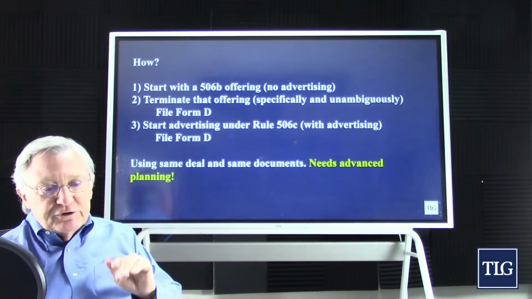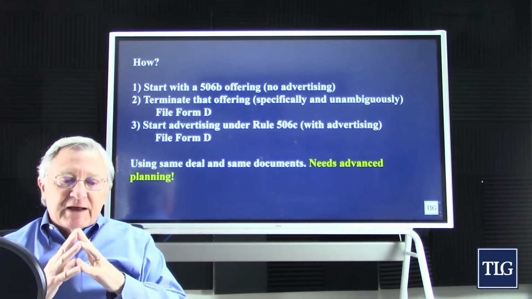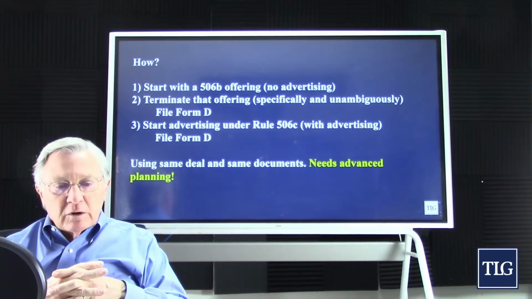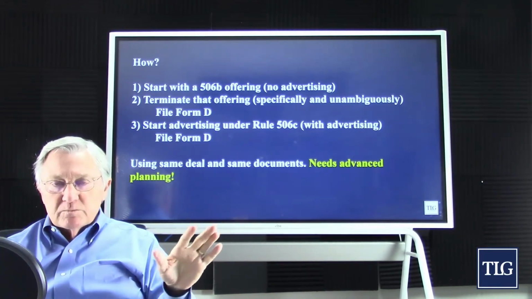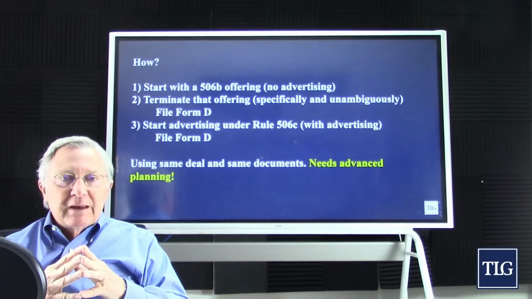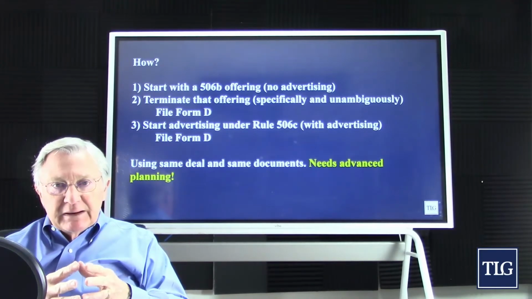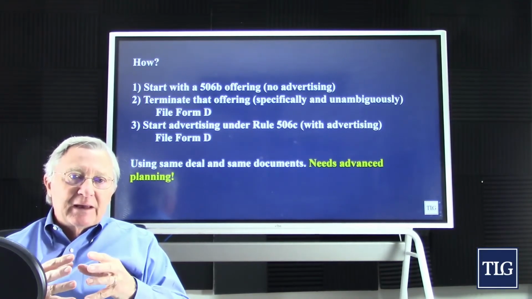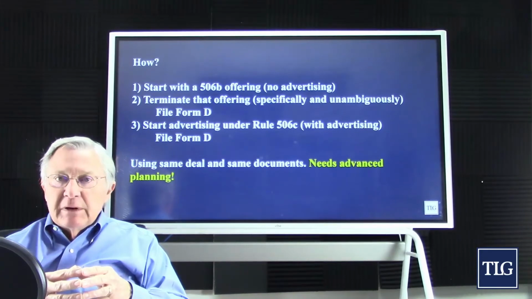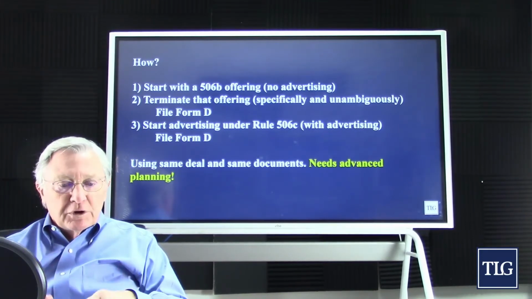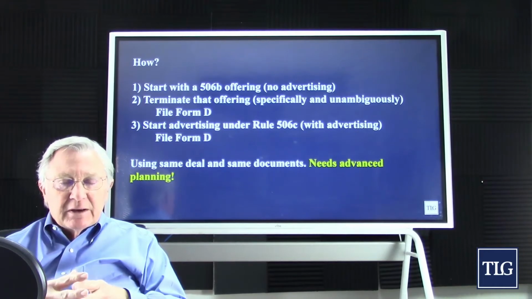So what would you do? You would start with a 506B offering, no advertising. At some point, that offering ends. And it has to end, in my words, specifically and unambiguously.